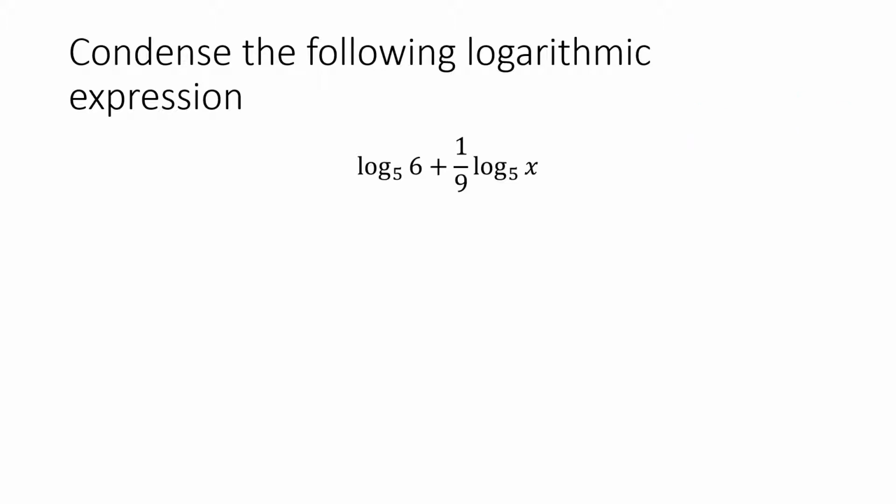Our power rule says that this 1/9 is a power applied to our argument. So we can rewrite the expression as log base 5 of 6 plus log base 5 of x to the 1/9.